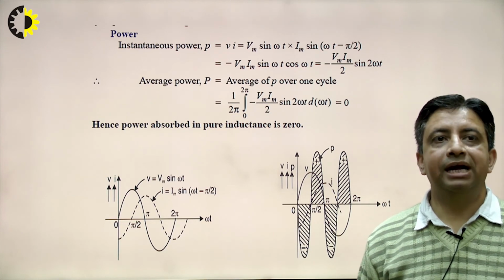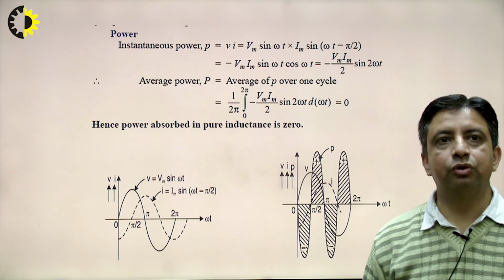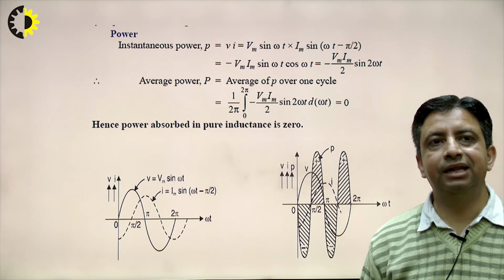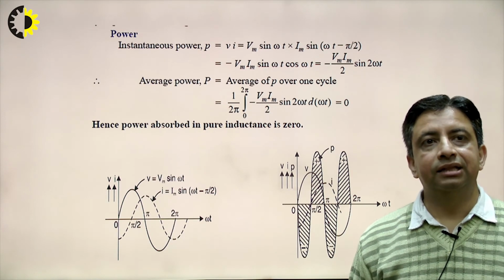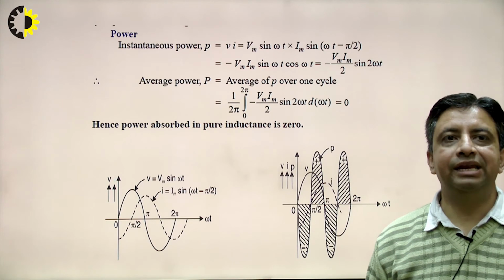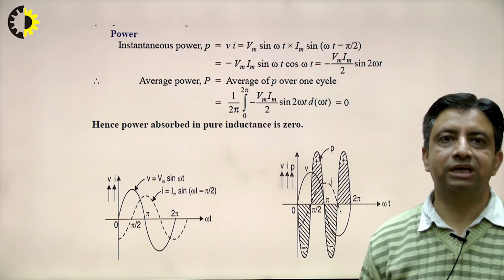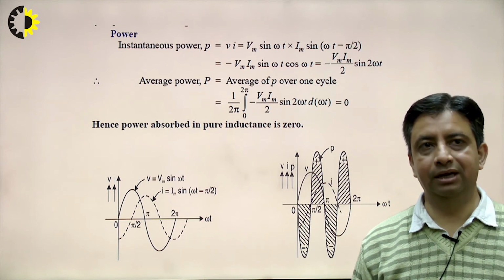So, it will be minus Vm Im sin omega t cos omega t. If we multiply the numerator and denominator by 2, it will become 2 sin a cos a, which is equal to sin 2a. So, it will become Vm Im by 2 sin 2 omega t.